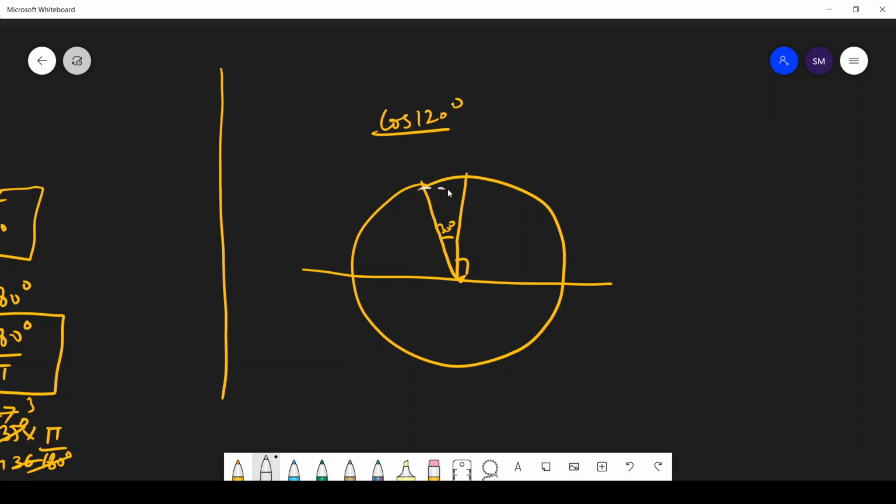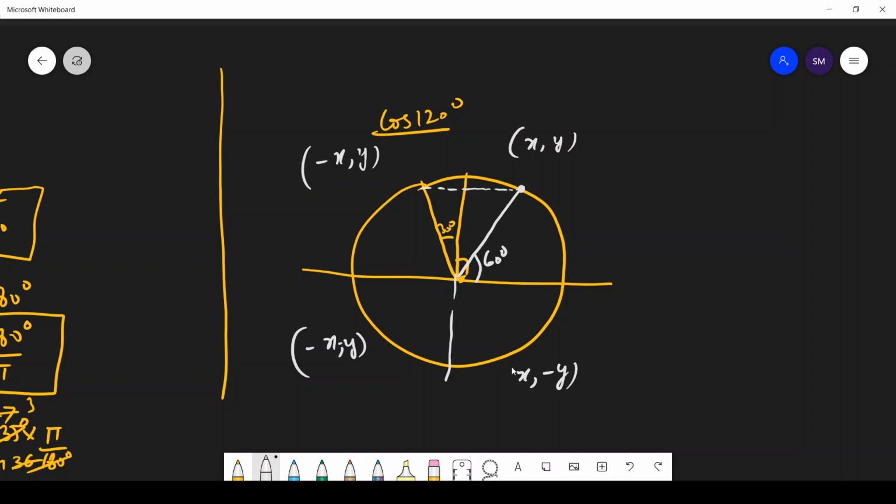Now this will be the same as this point, with 60 degree. Here the coordinates are (x, y), here (minus x, y), here (minus x, minus y), and here (x, minus y).